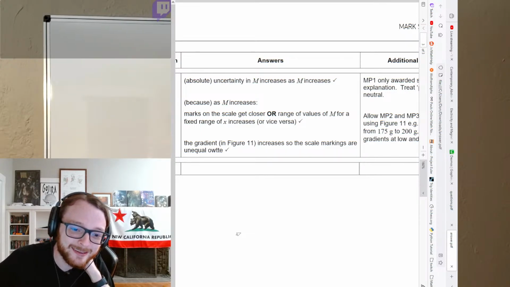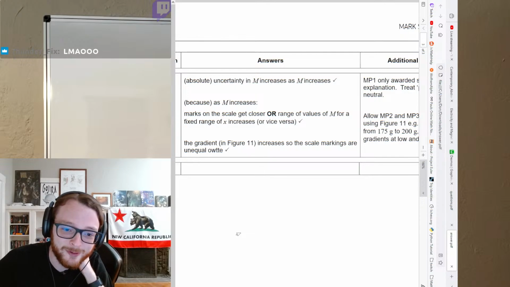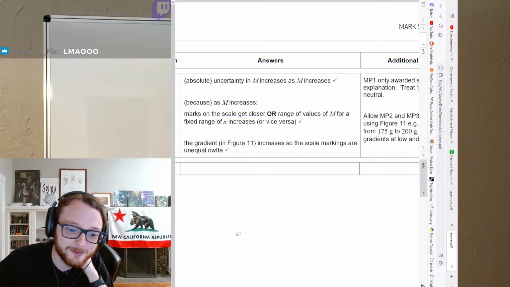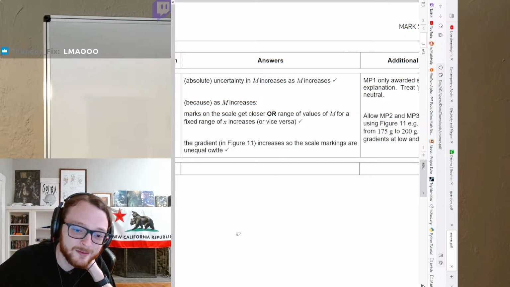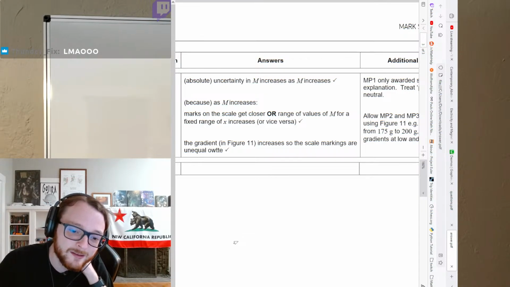Absolute uncertainty in m increases as m increases? Oh, that's not what I was saying before then. That's the opposite. I thought the uncertainty would be more for smaller m. Because as m increases, marks on the scale get closer. How do you know that?